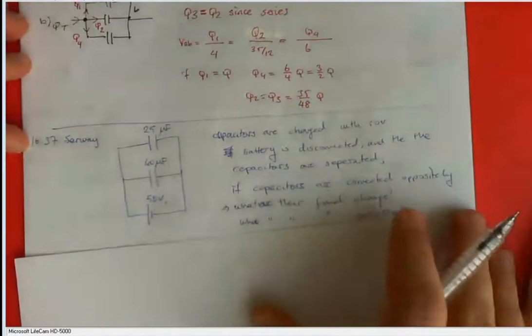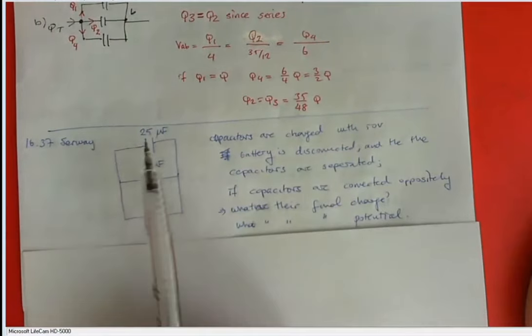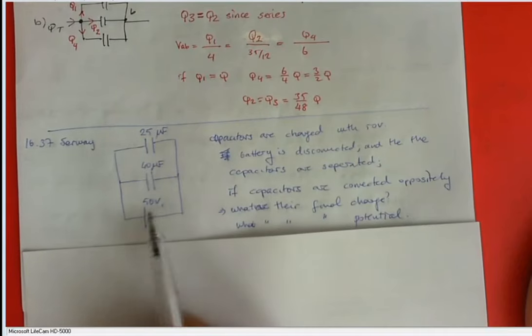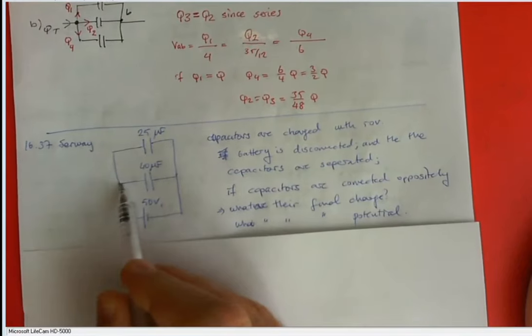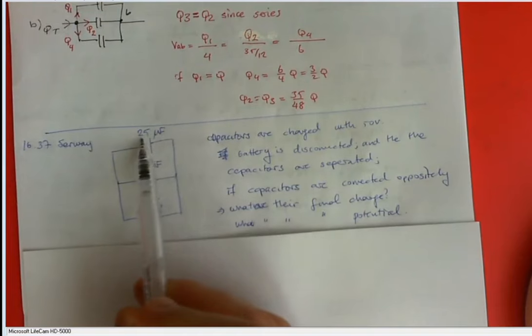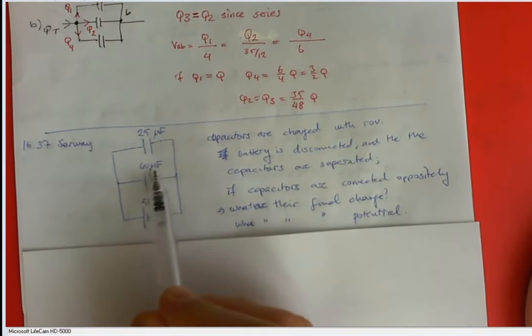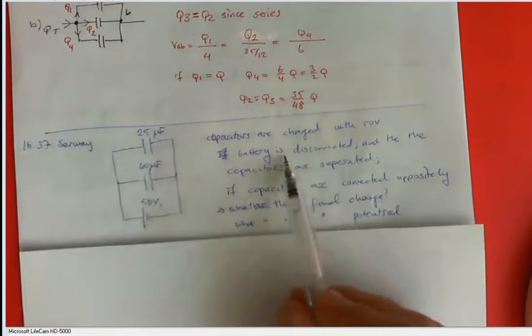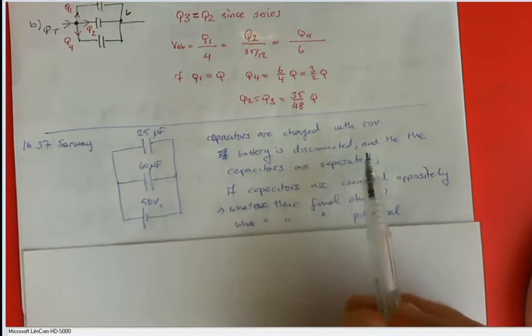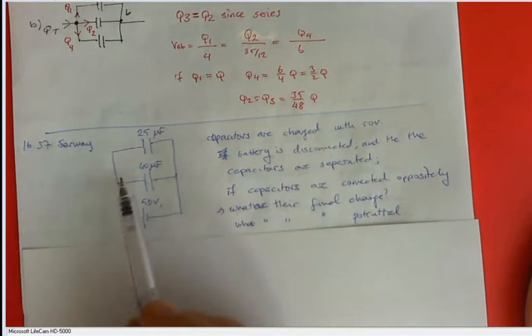All right. So the question starts like this. 50 volts is charging two capacitors, one of which has 25 microfarad and the other 40 microfarad. Then the battery is disconnected, and the capacitors are separated. So we disconnect the battery and then we cut these lines out.